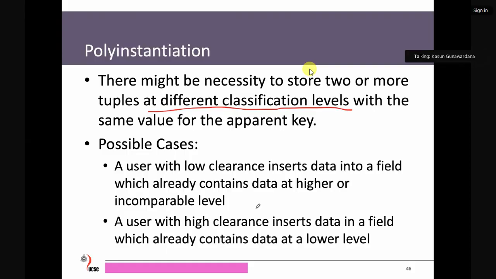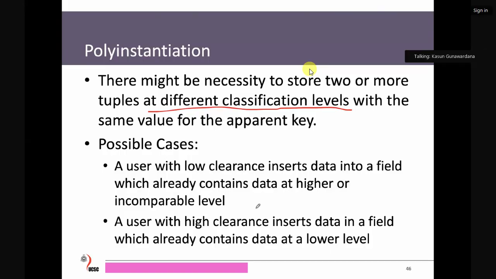Let's say an unclassified user is attempting to insert a row that has index number 2000. That will be inserted as an unclassified data item.